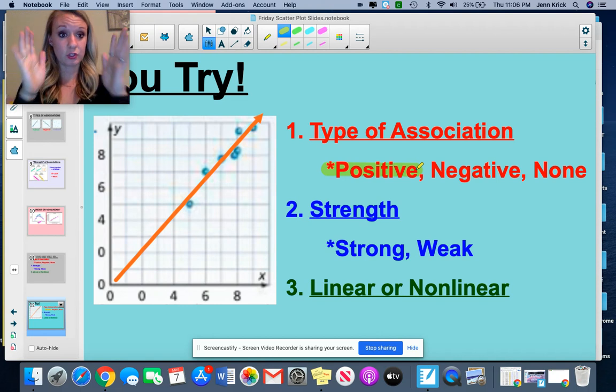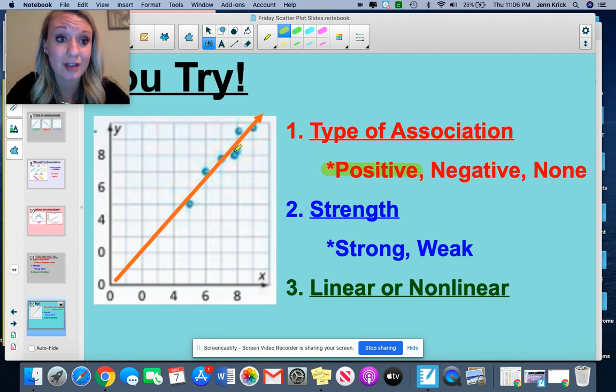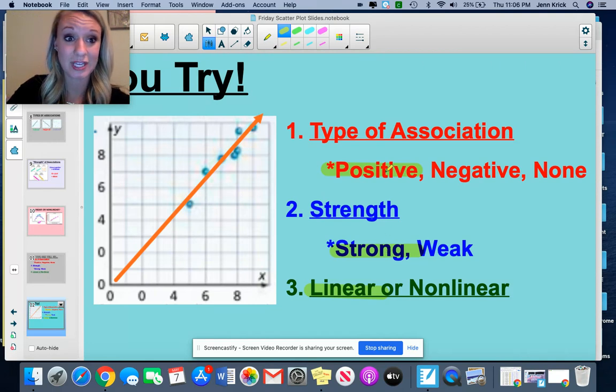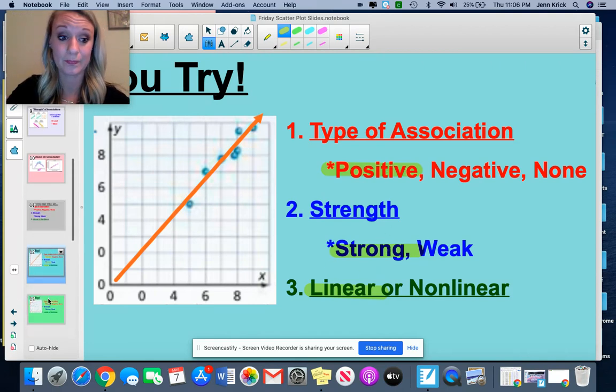Are your data points close together and strong, or are they further apart and weak? Well, I see they're very close to that line. So that's a strong association. And it looks like it's in a straight line, so it's going to be linear. So not only is this a strong positive association, but it's linear too.